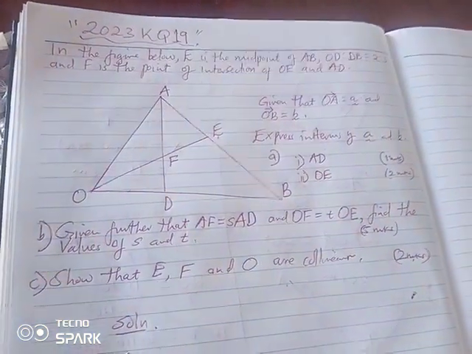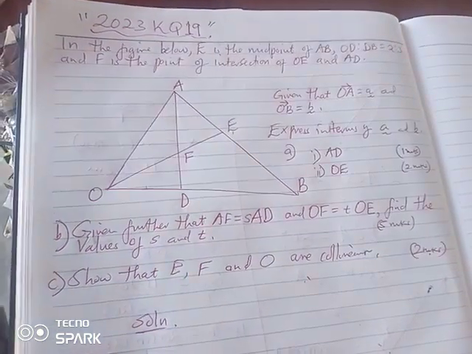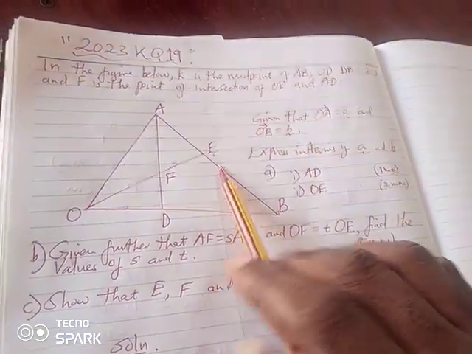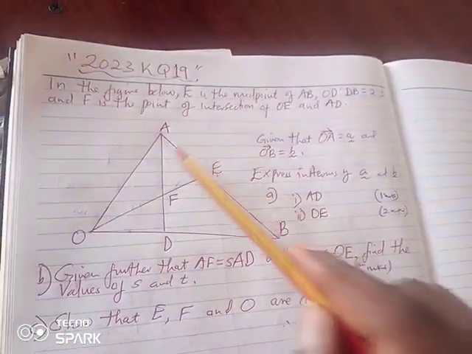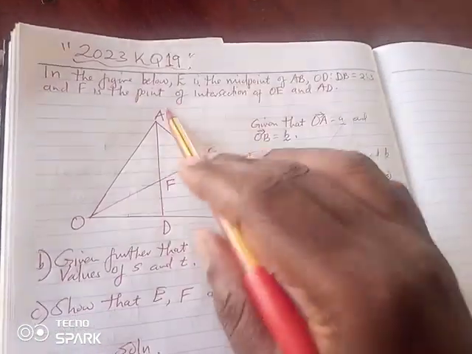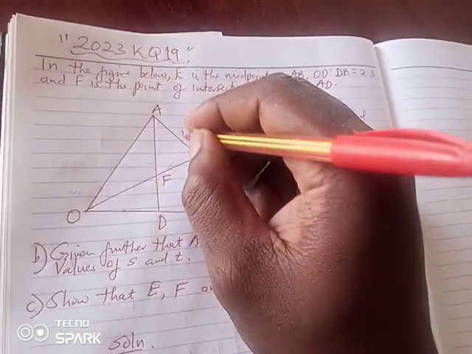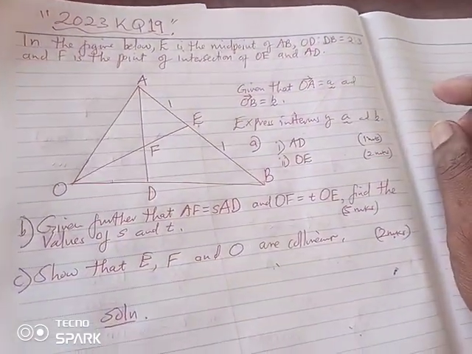So under our solution, we have to interpret this diagram very well in respect to the given information. We are told point E is the midpoint of AB, and therefore, being the midpoint, it divides it into 2 equal halves. That is ratio 1:1.